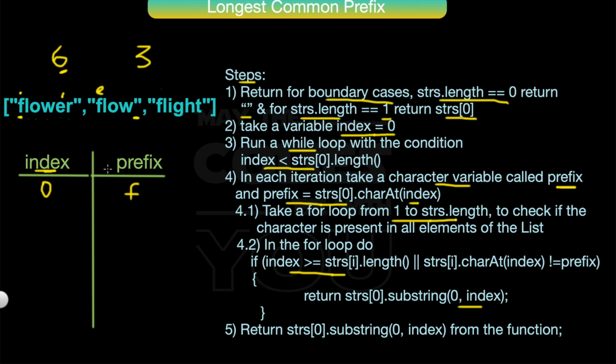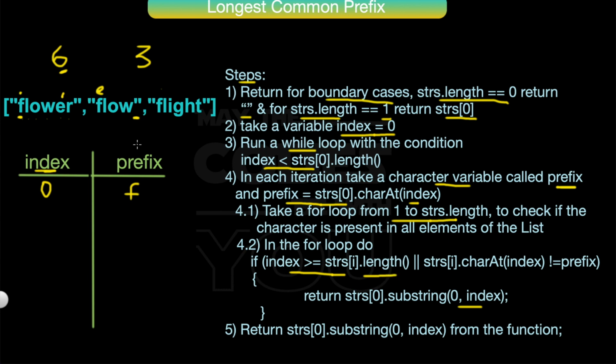So let's do a run through. So we are here at this FL, our prefix is F, so we'll check from 1 to string dot length, which is 3. So we'll check from 1 to 3.